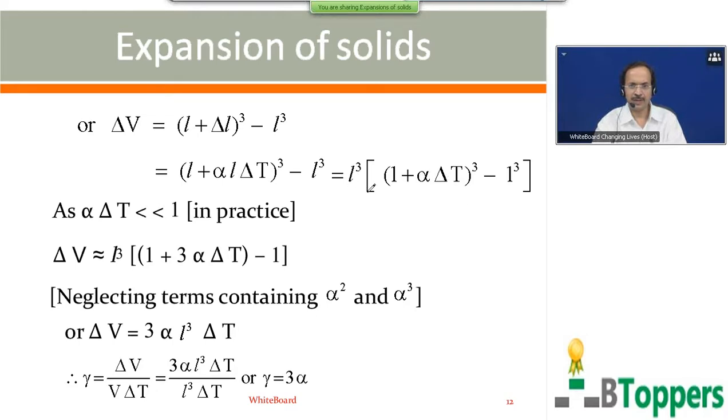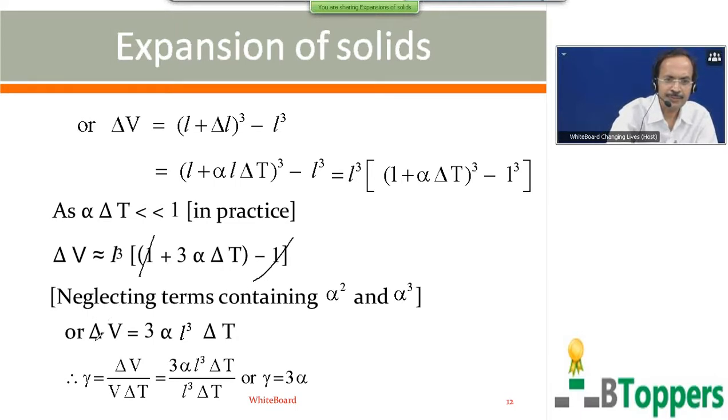So delta V we can write as L cube into 1 plus alpha delta T whole cube, which can be written as nearly 1 plus 3 alpha delta T minus 1. So this 1 we can write as minus 1 cube. So here minus 1 plus 1 get cancelled.